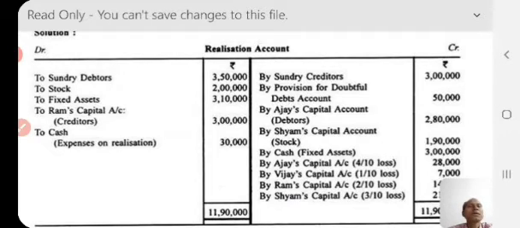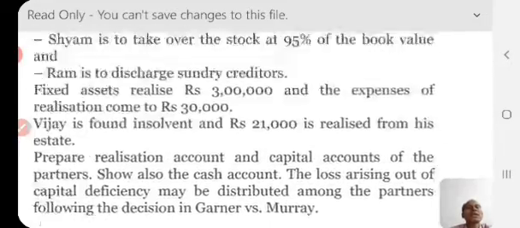We have seen earlier that in the realization account, first we should enter the assets at the debit side and the liabilities at the credit side at their book values. First, see the balance sheet.